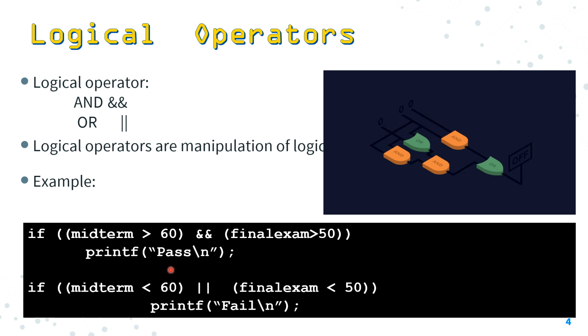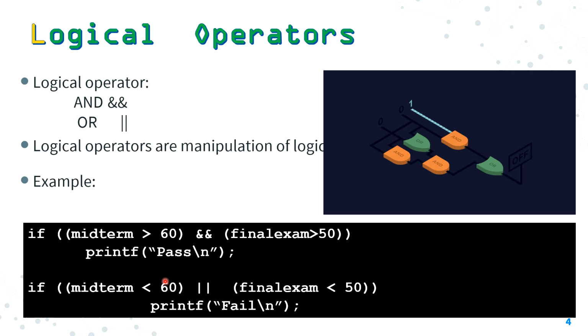So this reads as, if the midterm score is greater than 60 and the final exam score is greater than 50, then print pass. So both of these conditions must be true for the student to pass.